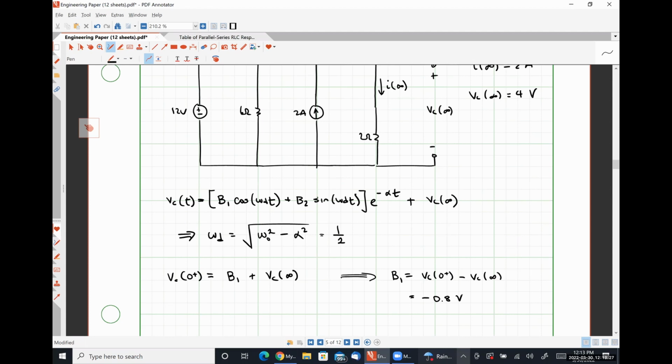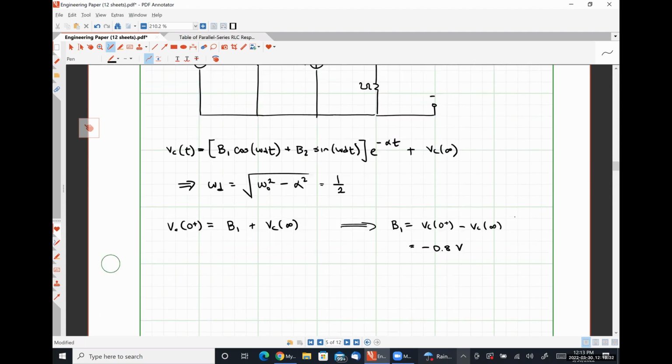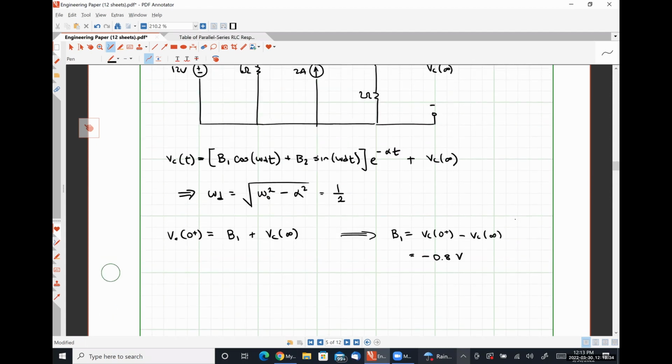We're always going to use the function and then the derivative-based relationship. So IC of t is C times dV by dt. This is literally why I give you the derivative on the table.